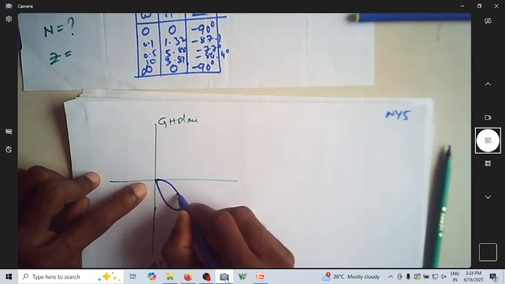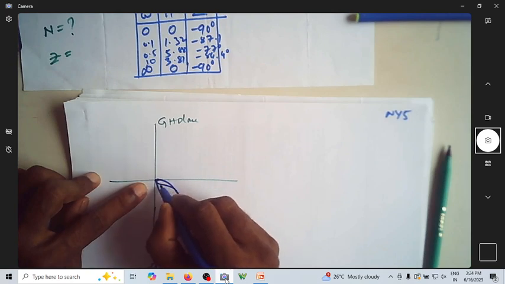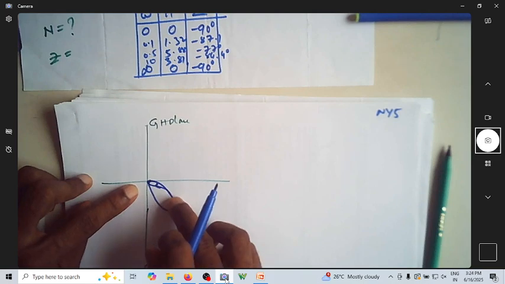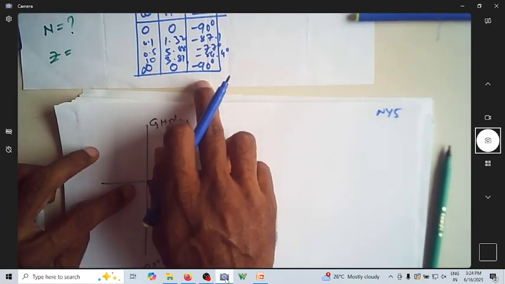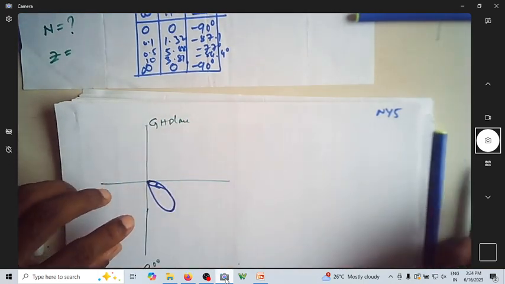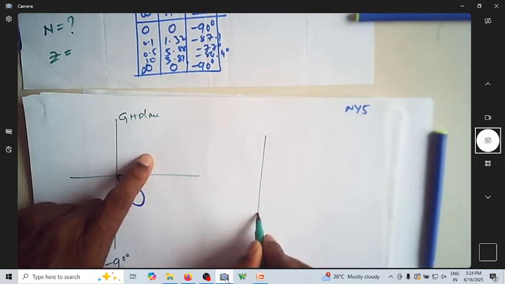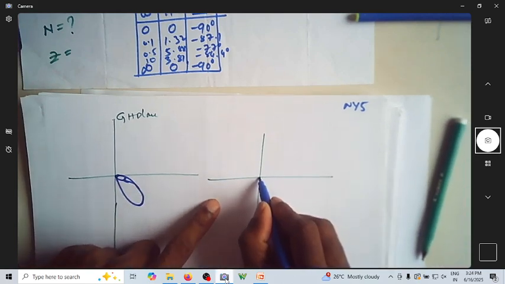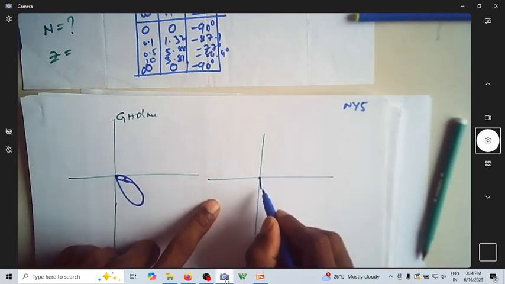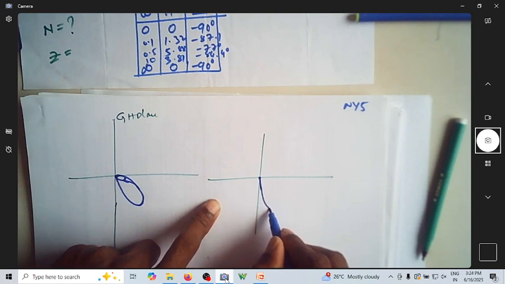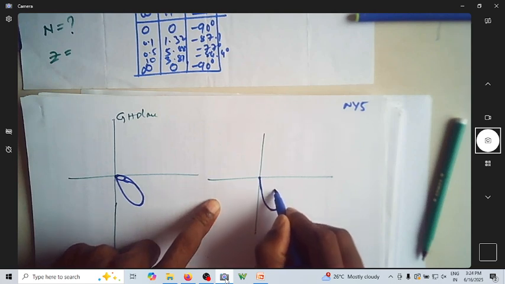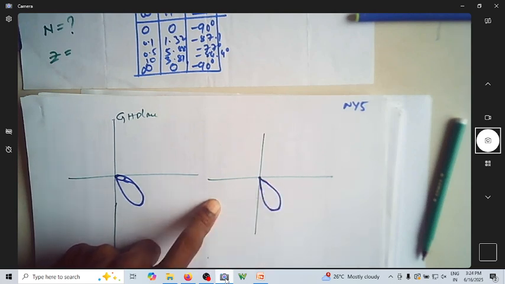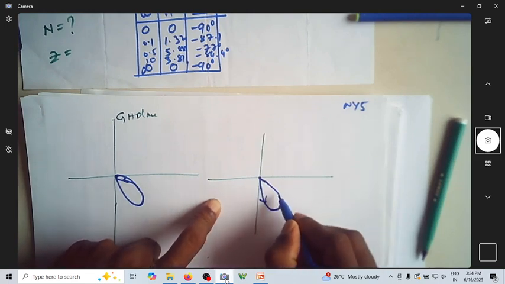Sorry, it actually goes like this again, because it again returns to minus 90 degrees. So this is not that way; let me just rewrite this. It goes like this to minus 90, then somewhere here, and then again it just goes to this. This is how the first segment looks.